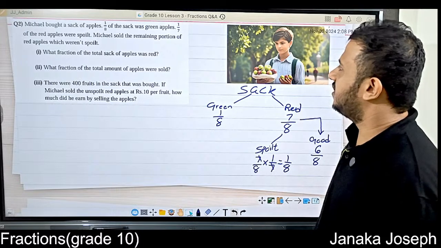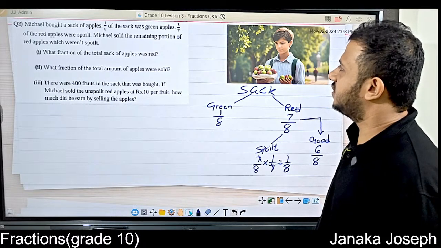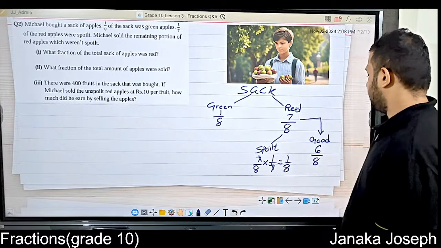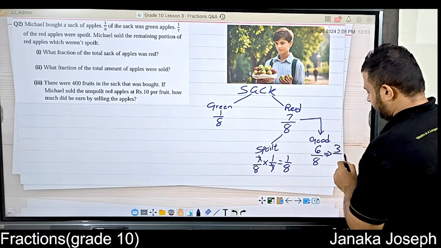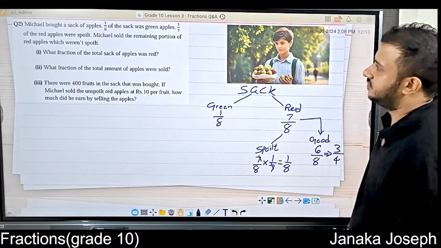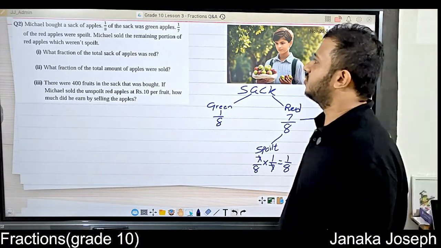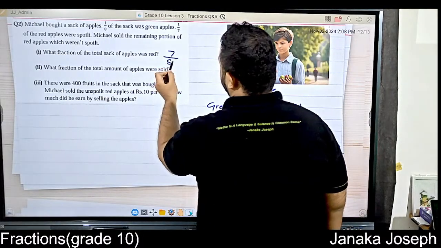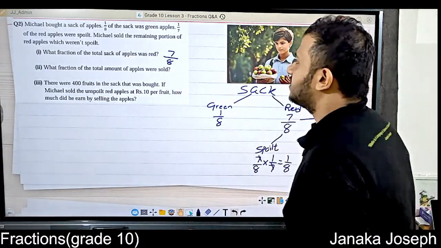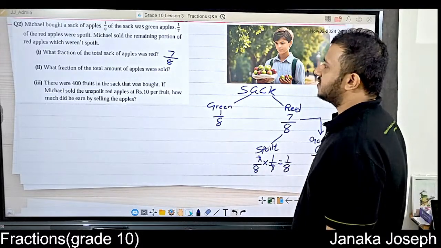Michael sold the remaining portion of the red apples which weren't spoiled. That means 6 out of 8, which is 3/4. 3/4 he sold. What fraction of the total stack was red? We know 7 out of 8. What fraction of the total amount of apples was sold?